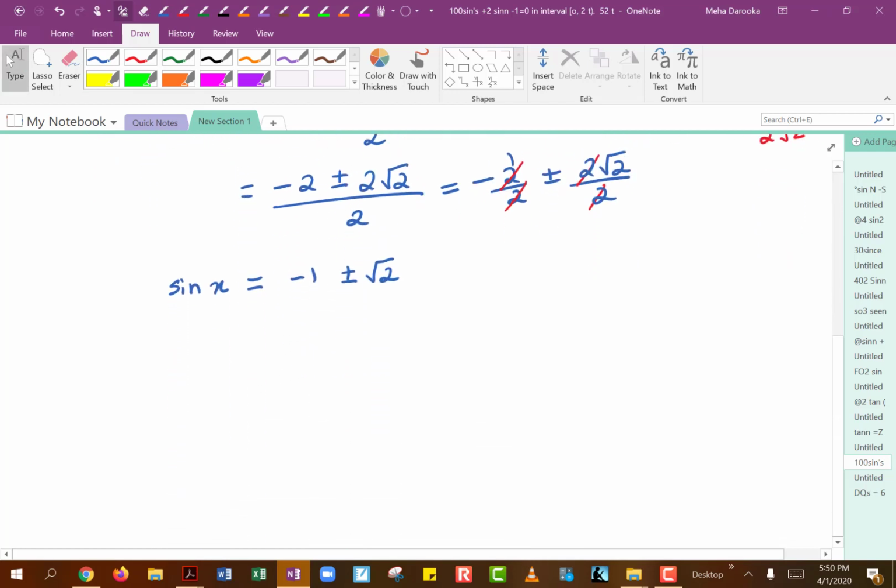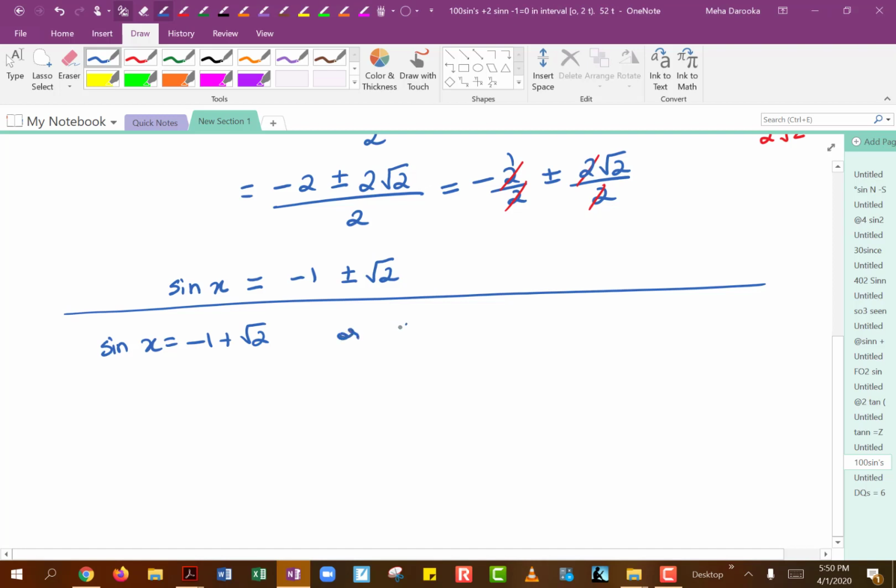Now let's see what kind of decimal approximations we are looking at. We're going to take sine of x equals -1 plus square root of 2, or sine of x equals -1 minus square root of 2. If you put these in your calculator, for -1 plus square root of 2, this is coming out to be approximately 0.4142.